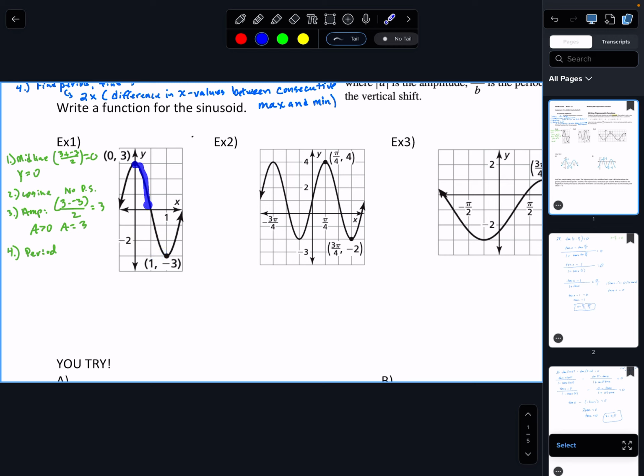But that isn't a full period. To get a full period, you would have to end up all the way back here. So when you take max and min consecutive and you subtract, that's only half of your period, so double that value. So your period is going to be 2 times the 1 minus the 0, and so the period is 2.